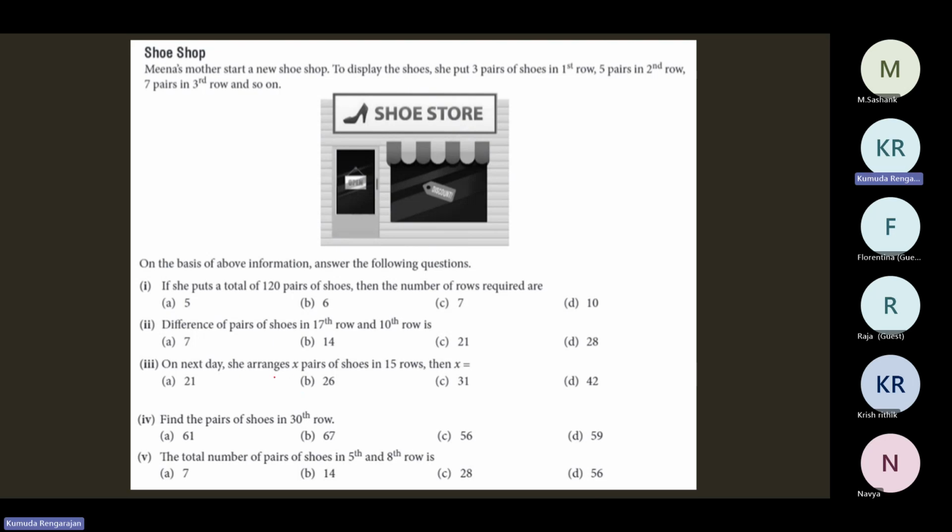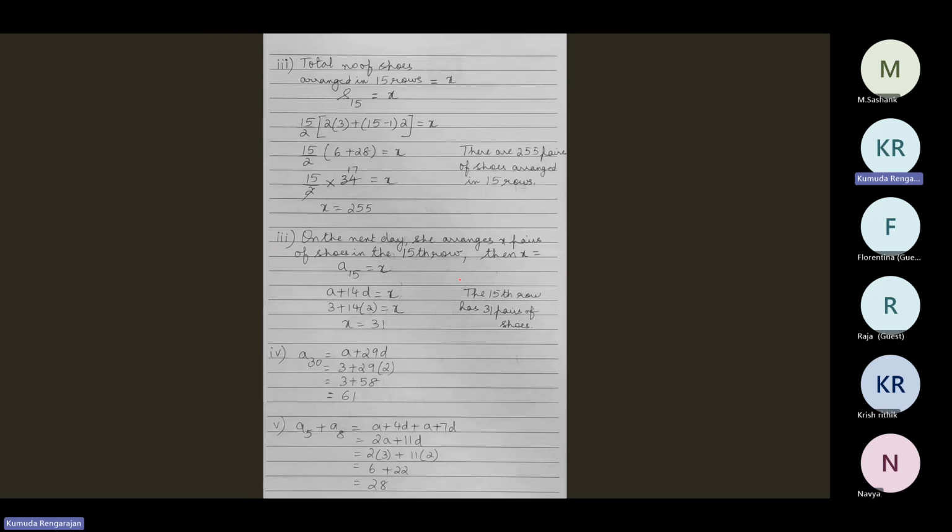On the next day, she arranges X pairs in 15 rows. In 15 rows means from the first row till the 15th row. So it should be the sum of 15 rows. Correct. That's what I've done, right?